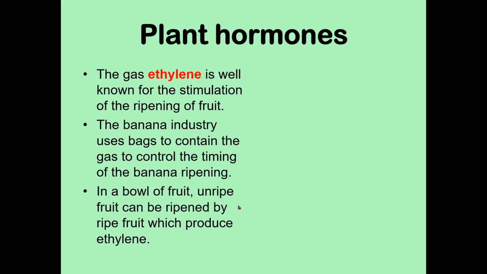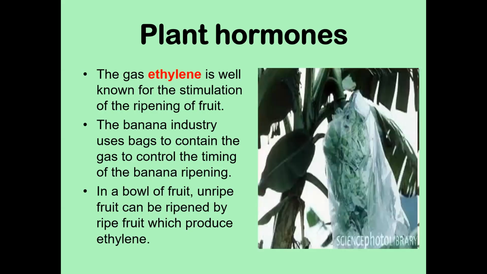Also, if you have unripe fruit in a bowl, if you put an apple or a banana, especially bananas produce a lot of ethylene, the ethylene around the fruit will help the ripening process. Here are bananas. Okay, so they put these bags around. Bananas start ripening from the end, from the bottom, from the far end. And by having the plastic bag around them, the plastic bag fills with the ethylene, and this helps with the ripening.